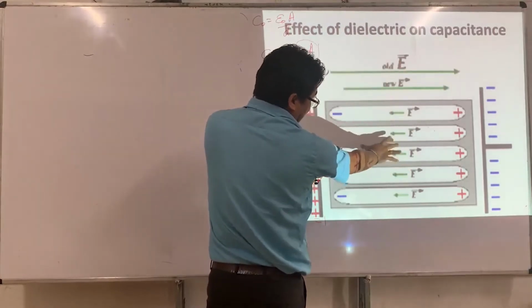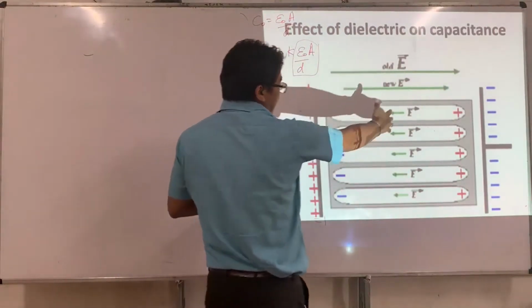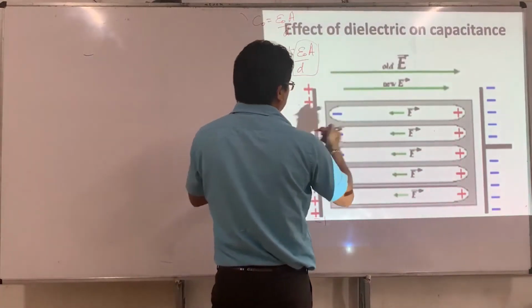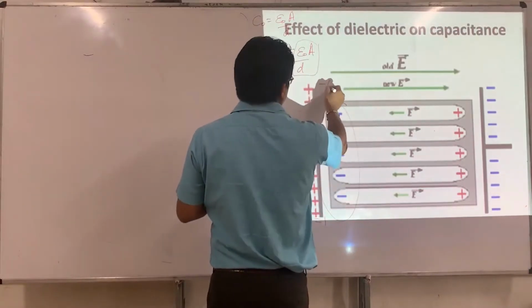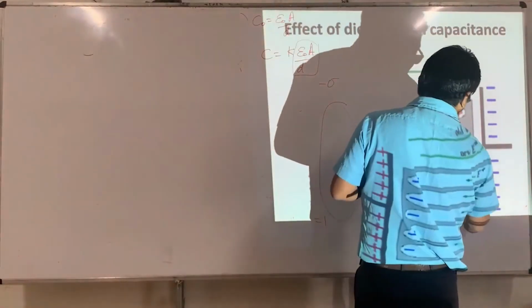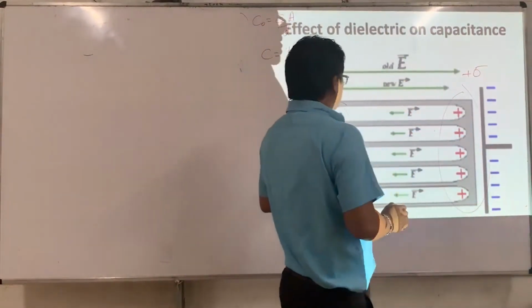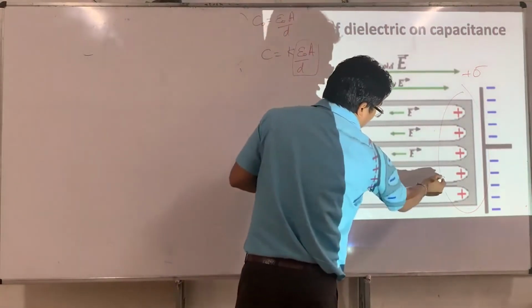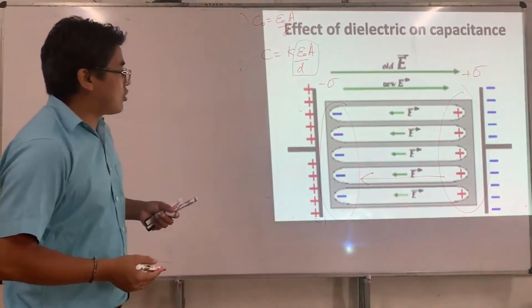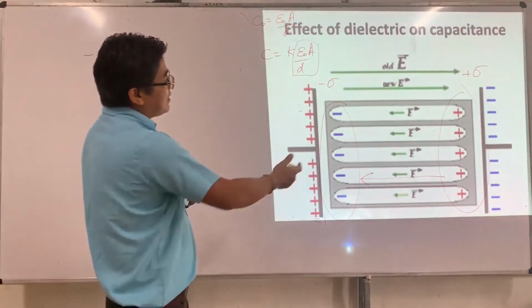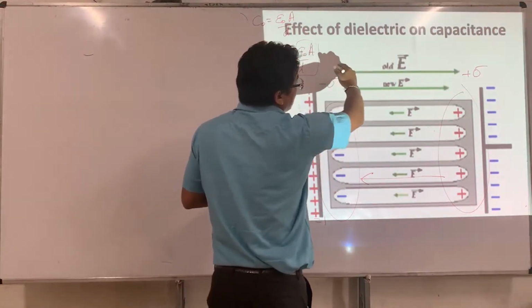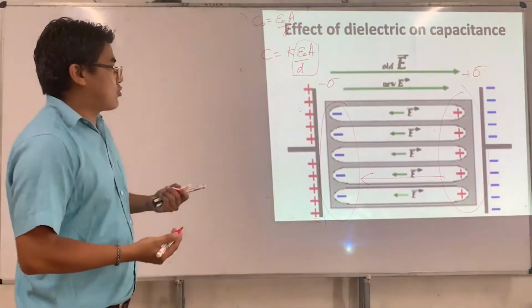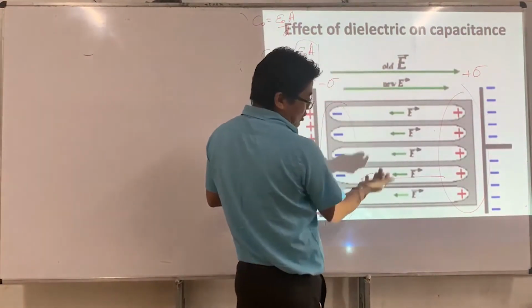Once I put a dielectric, this is the induced electric field, and here is a negative charge surface density and a positive charge surface density. The electric field due to induced charge density is going to be in this direction, and the actual electric field is in that direction. So the electric field inside the capacitor is going to reduce.